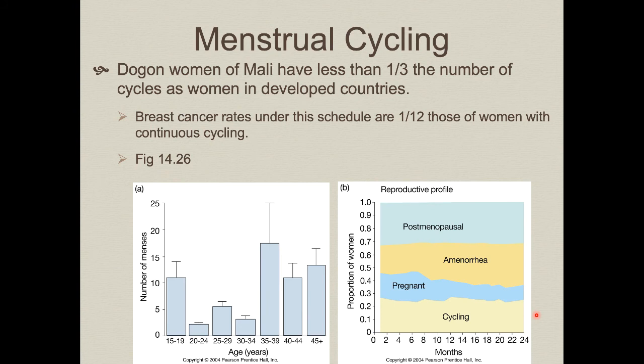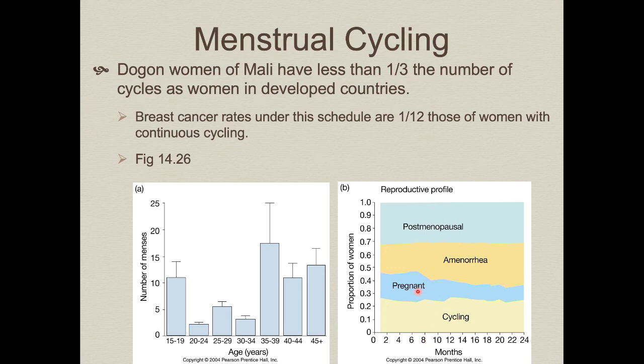If you look at the Dogon women of Mali, they have about a third fewer cycles than women in developed countries. And you can see that during this time frame, they tend to not have much menstruation. And the reason for that is, if you look over here, many of them are breastfeeding. That's what this category here means, or pregnant. So only about a quarter of this proportion of women at any one time is cycling.